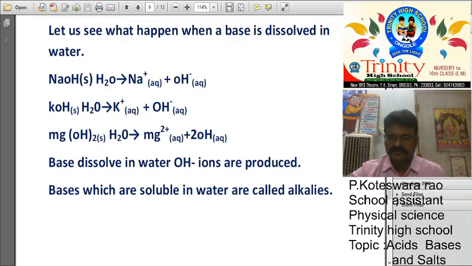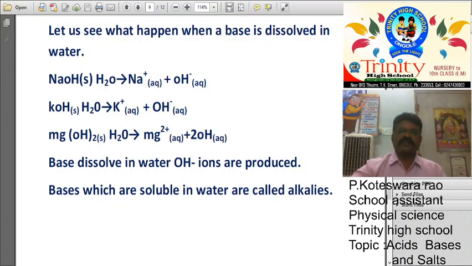So NaOH is one type of base, KOH is one type of base, Mg(OH)2 is one type of base. These bases split into different types of ions, like Na plus and OH minus, only in water.